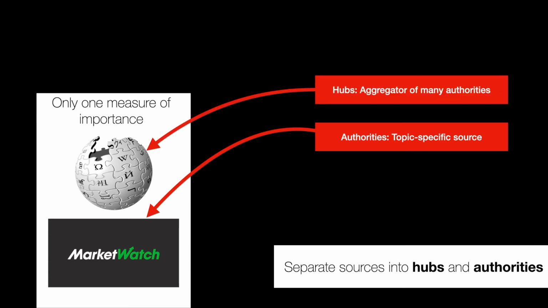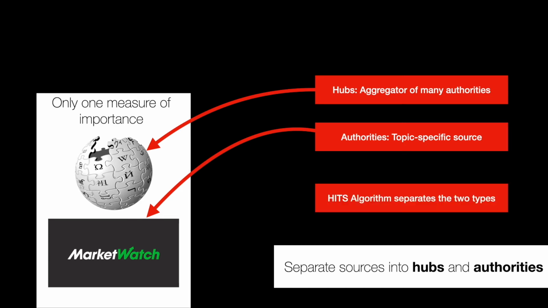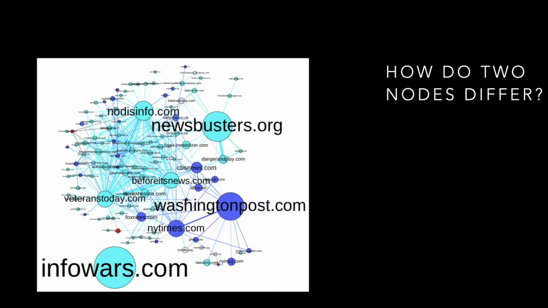In contrast, we have something like Wikipedia, where there's information about many different topics, and there are links to many other websites where people may go to. And these are two distinct kinds of importance or kinds of behaviors, and we can measure them separately with the HITS algorithm.